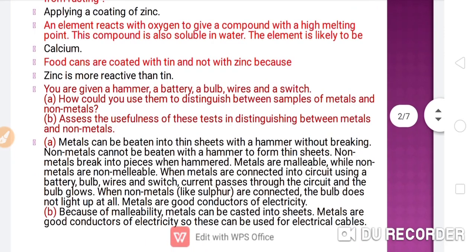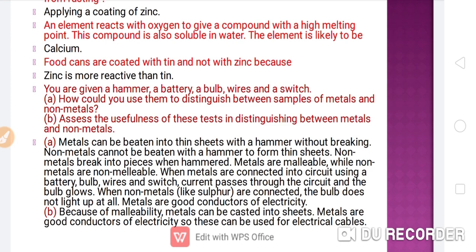Now come to the next question. You are given a hammer, a battery, a bulb, wires and a switch. First, how could you use them to distinguish between samples of metals and non-metals? The second point, B: assess the usefulness of these tests in distinguishing between metals and non-metals.